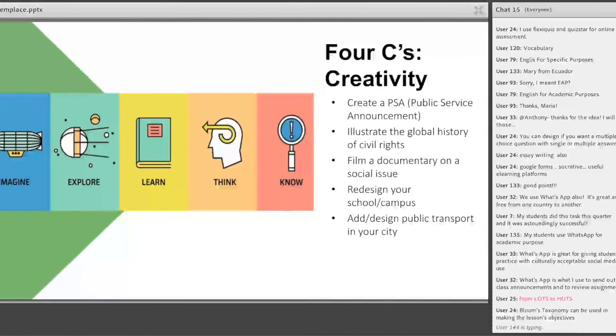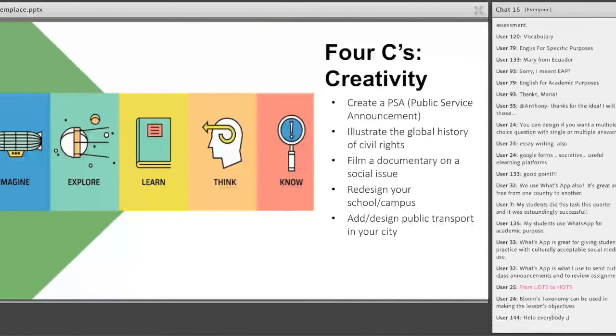These are great for listening, speaking classes, and pronunciation classes, because you're really focused on using your voice for meaning. Having students create PSAs, they can add music, they could add images, and students really thrive in that kind of environment. Illustrating a global history maybe of civil rights.